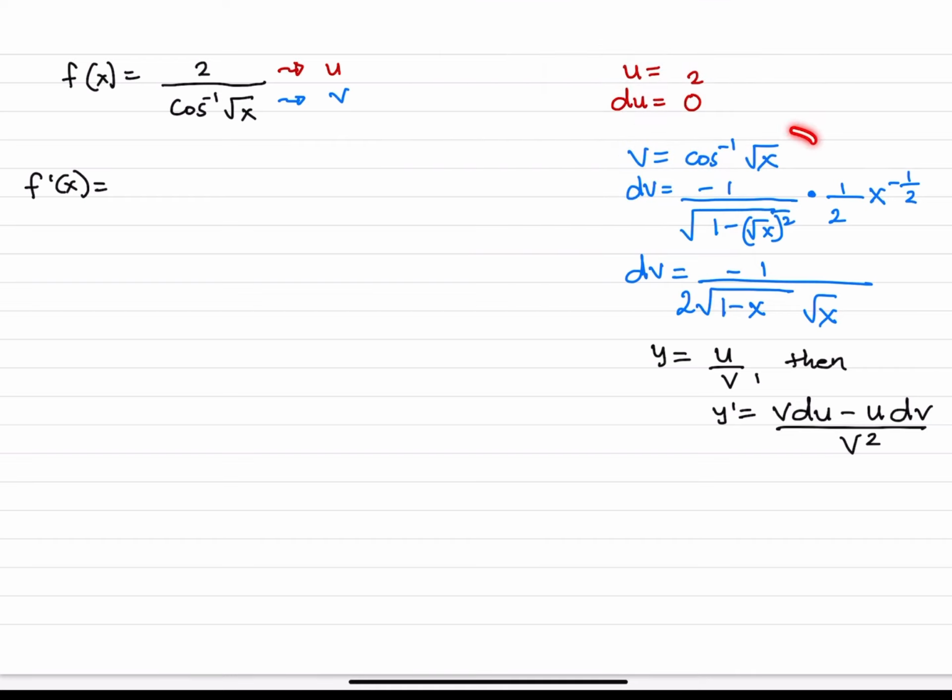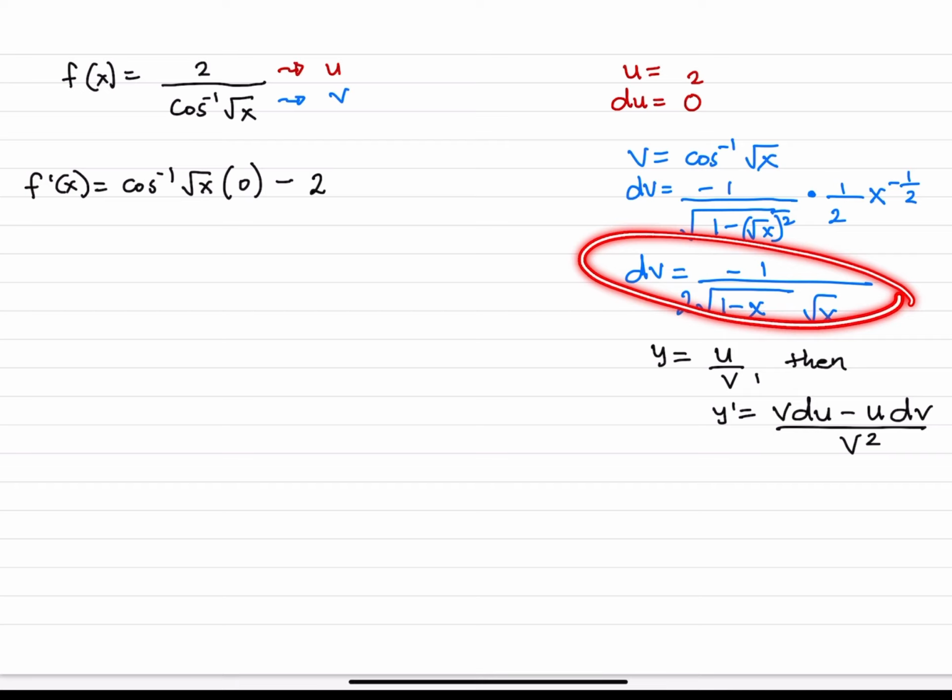V is this. Arc cosine of the square root of x times du. Du is 0. Once more, du is 0. Times 0 minus u times dv. U, which is 2, times dv, which is all of this. U times dv. What is u? 2.